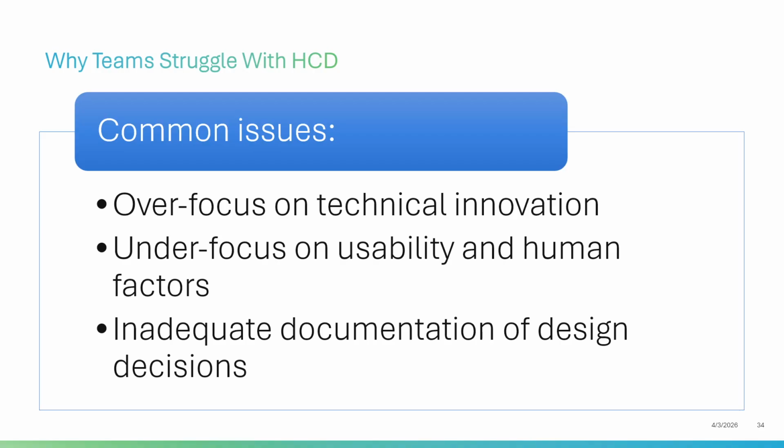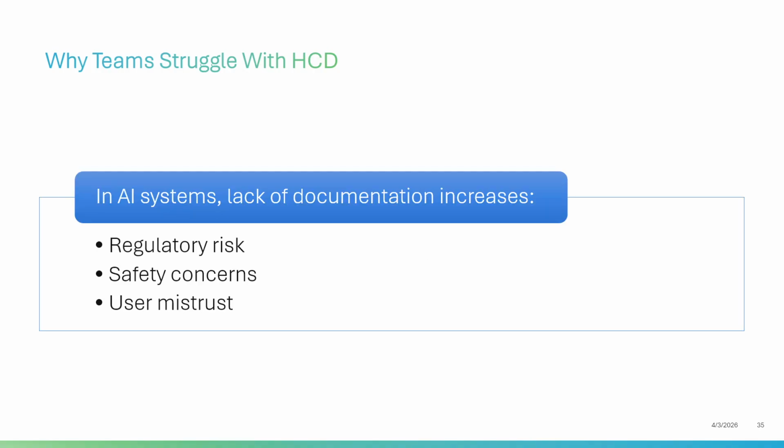Those are the common things that we identify in teams. And when we bring AI into the system, the lack of documentation is going to increase. That lack of documentation, if we are not careful, is going to increase our regulatory risk, our safety concerns, and our user mistrust.